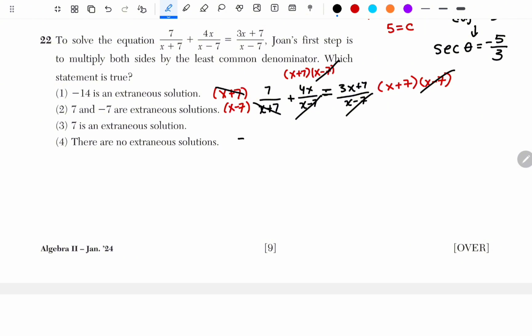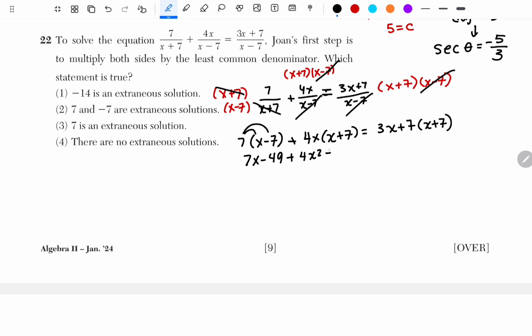Then we distribute. So 7 times x minus 7 plus 4x times x plus 7 equals 3x plus 7 times x plus 7. And if we distribute, that's 7x minus 49 plus 4x squared plus 28x is equal to 3x squared plus 21x plus 7x plus 49.